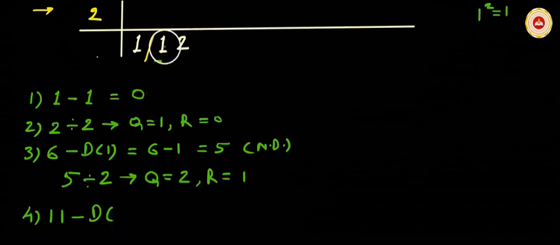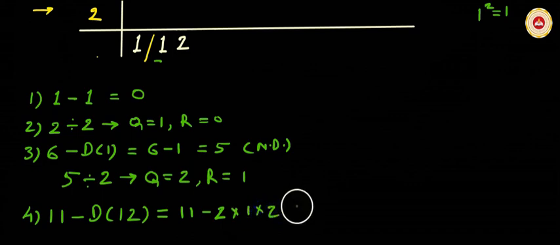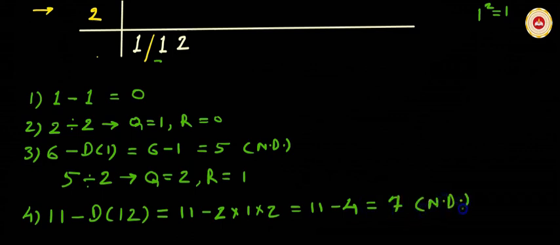Last two quotient digits, 1, 2, 12, which is equal to 11 minus 2 times the product of these two quotient digits, 1 cross 2, which is equal to 11 minus 2 ones are 2, 2 twos are 4. 11 minus 4 gives us 7. Correct? And this 7 is our net dividend.